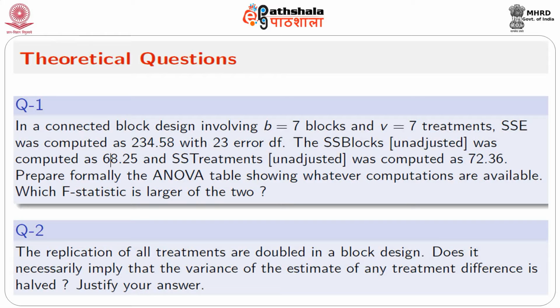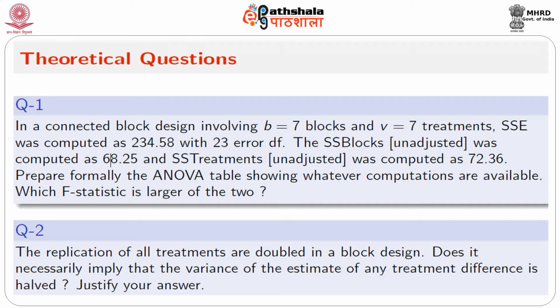So do we know how much is there for the sum of squares due to treatments adjusted? No. How much is sum of squares due to blocks adjusted? No. All we know is that the treatment sum of squares, they don't even give the total sum of squares, isn't that so, sir? No, sir. So I think in this question it says prepare formally ANOVA table showing whatever computations are available. I think the problem is not complete.